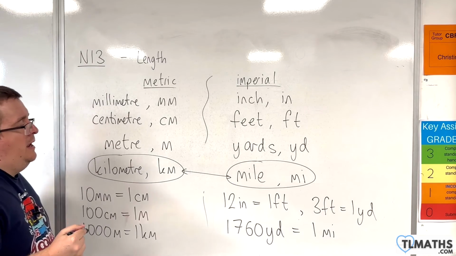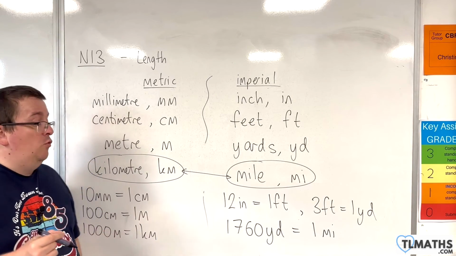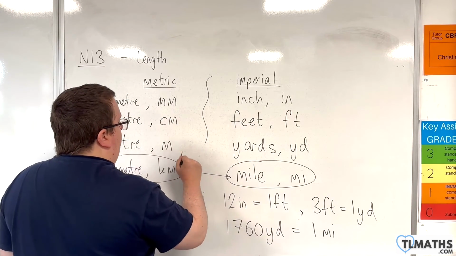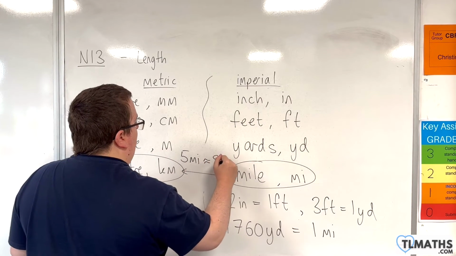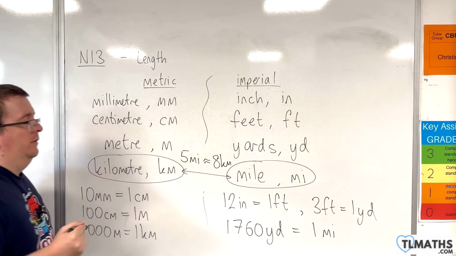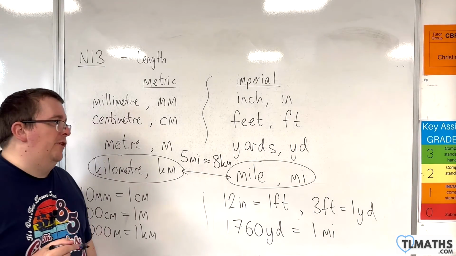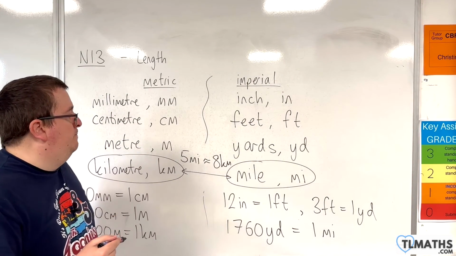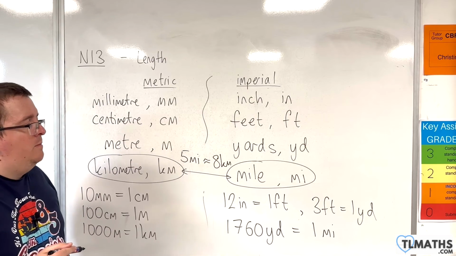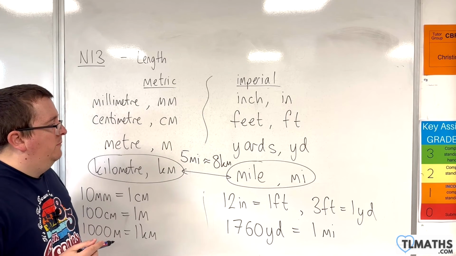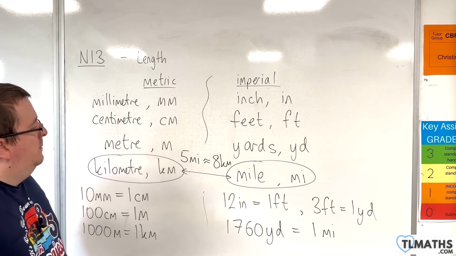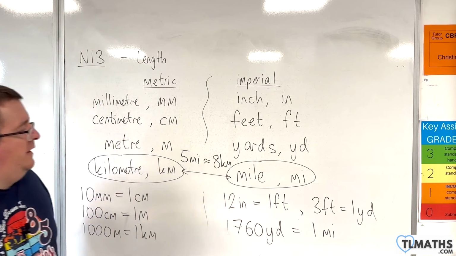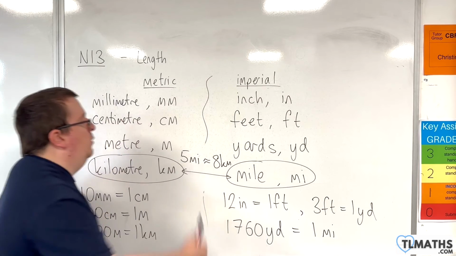Well, the one that most people remember is that 5 miles is approximately 8 kilometres. It's the same as saying 1 mile is approximately 1.6 kilometres. Some people remember it like that. But 5 miles to 8 kilometres, that's quite a common way of converting them.